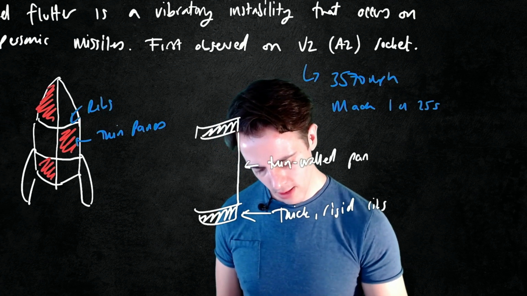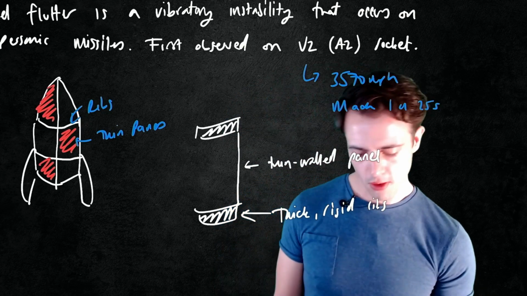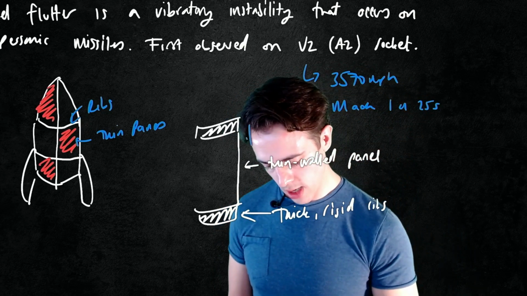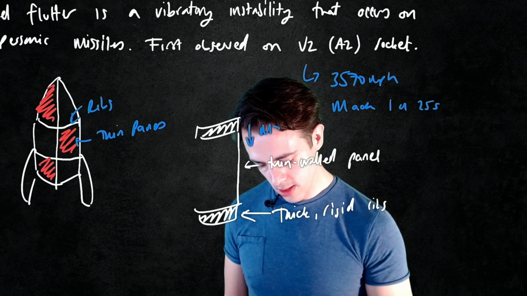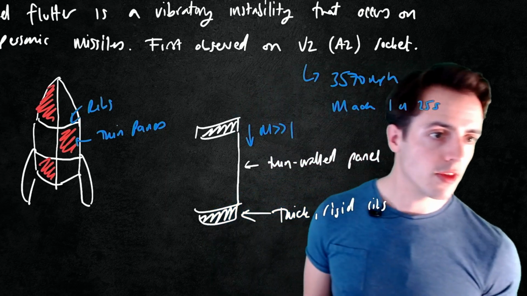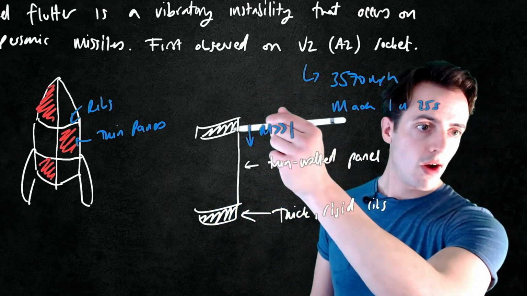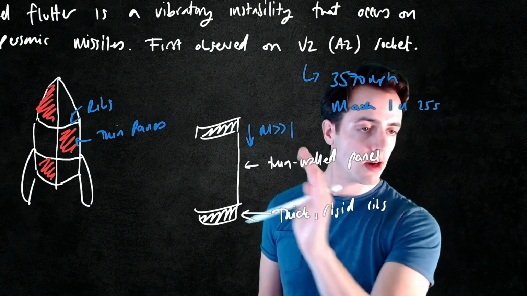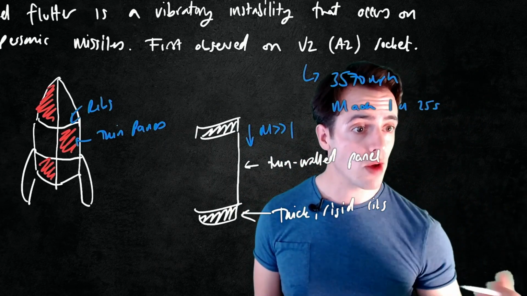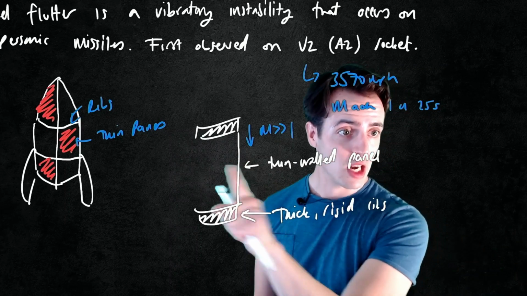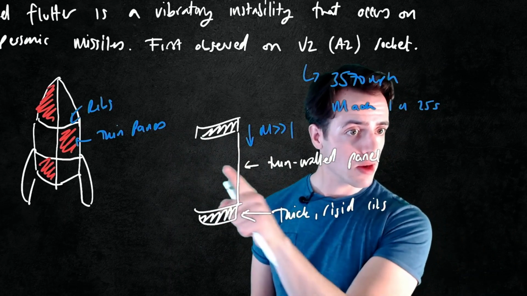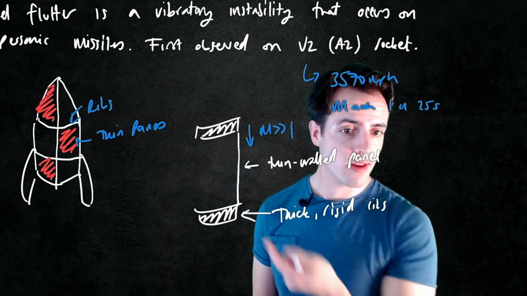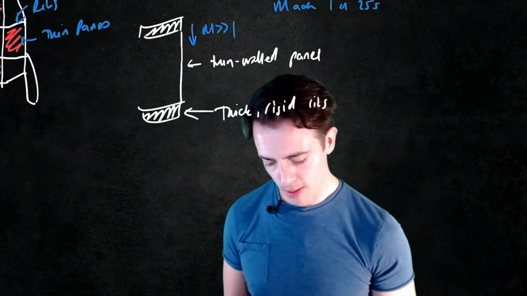The panel has length L. Now, going past this panel are speeds much higher than the speed of sound, so very large flight speeds. We know that these thin panels, much like the skin of an aircraft wing, aren't good at taking load in this direction, so it's able to vibrate in this direction, and after a certain speed, a vibration builds up.